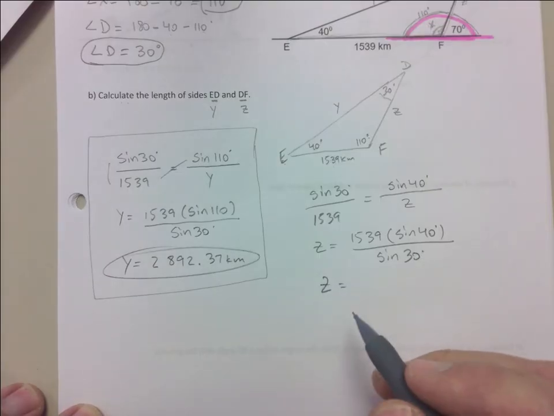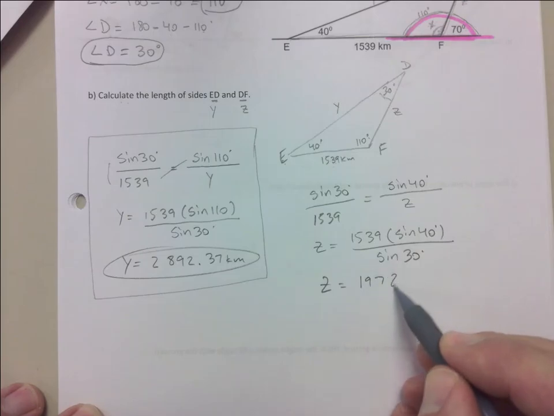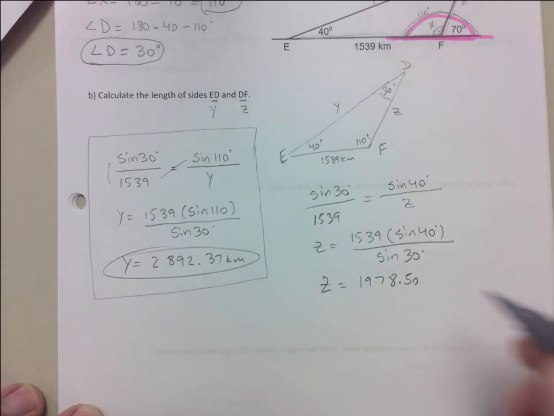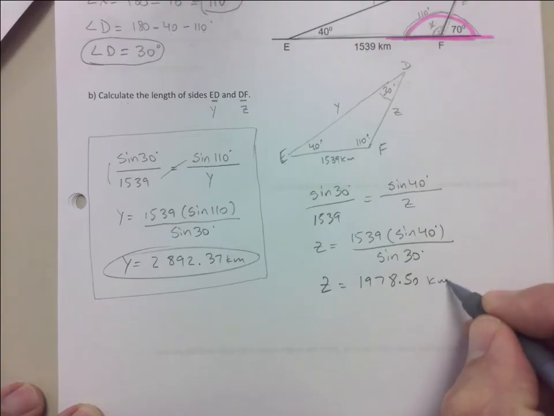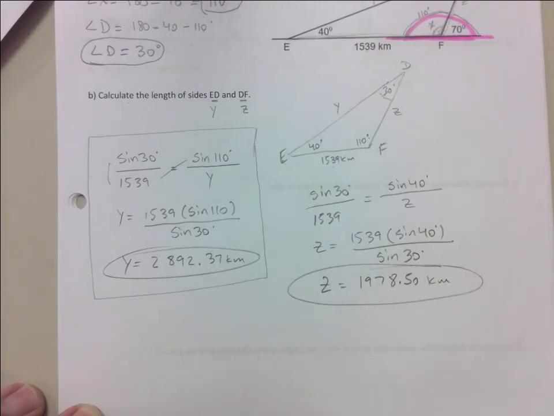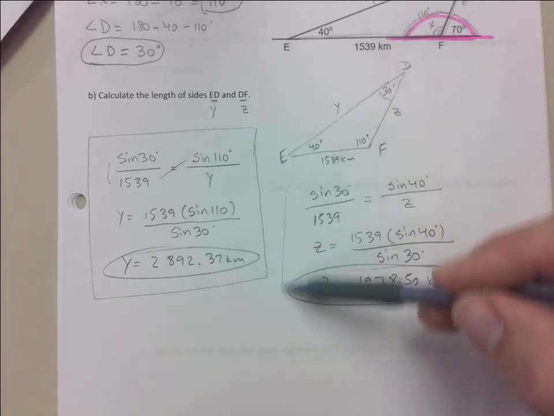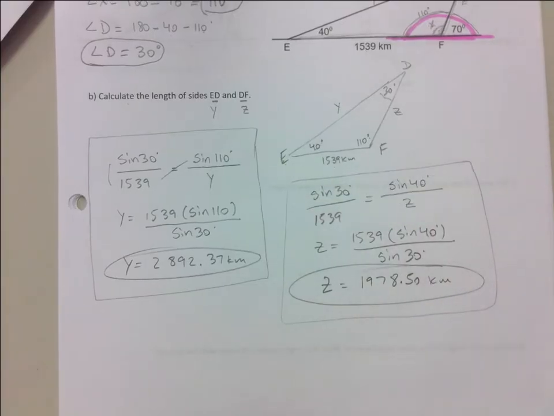So side Z is 1978.50. There you have it. So this is just an added layer, and we'll see how that goes.